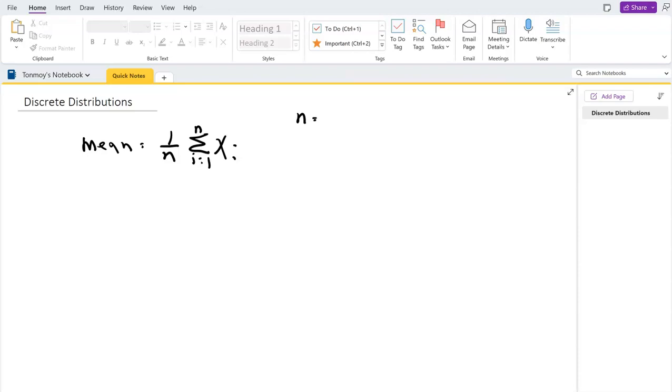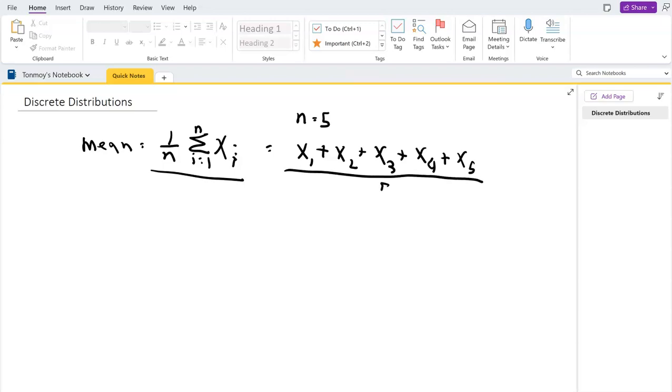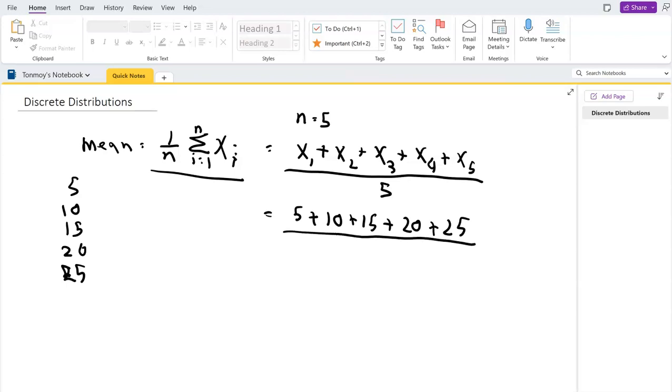If n equals 5, then there are 5 numbers: x1 plus x2 plus x3 plus x4 plus x5, divided by the number of observations, which is 5. Now if each of the x's denoted a different number, so let's say my numbers are 5, 10, 15, 20, and 25, then I would have just done 5 plus 10 plus 15 plus 20 plus 25 divided by 5.